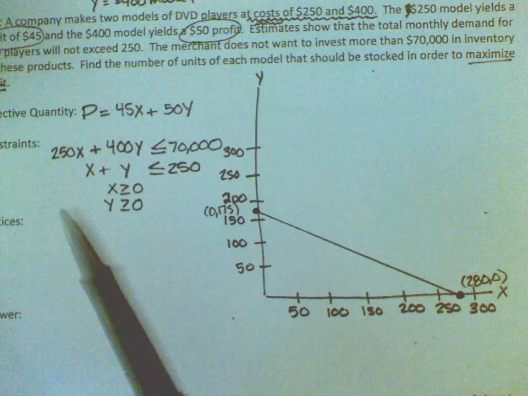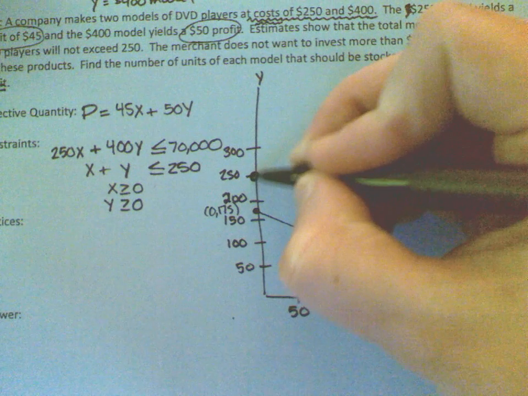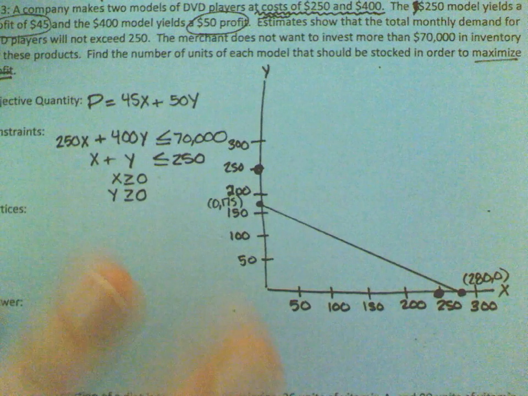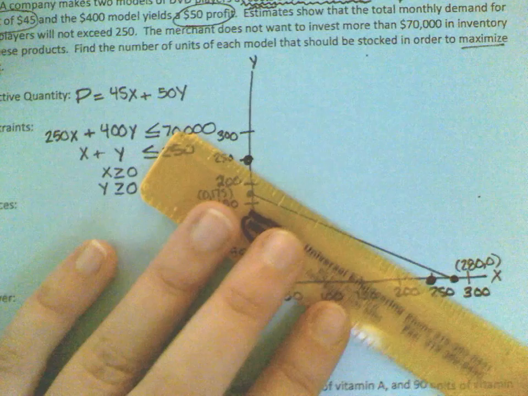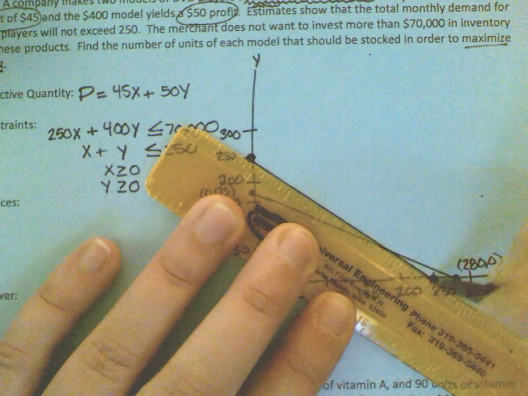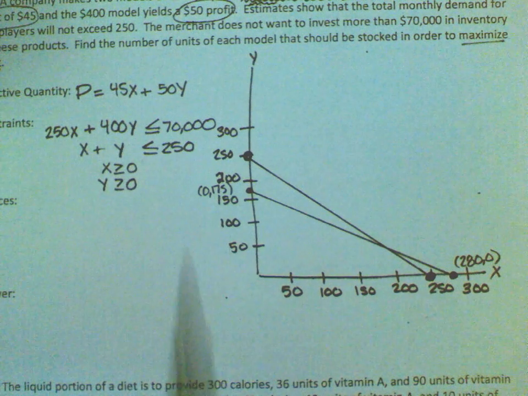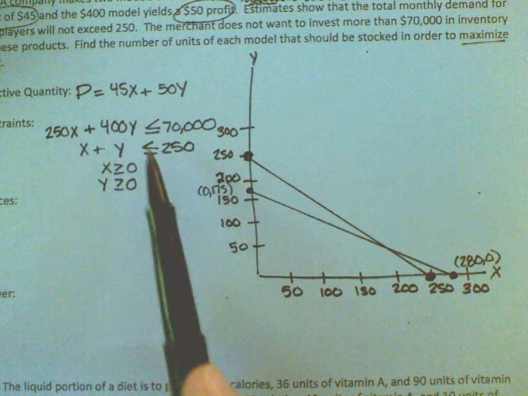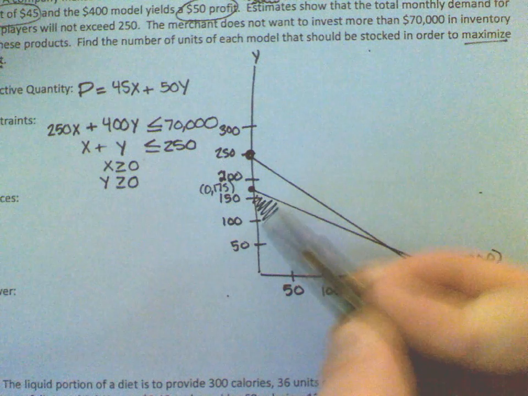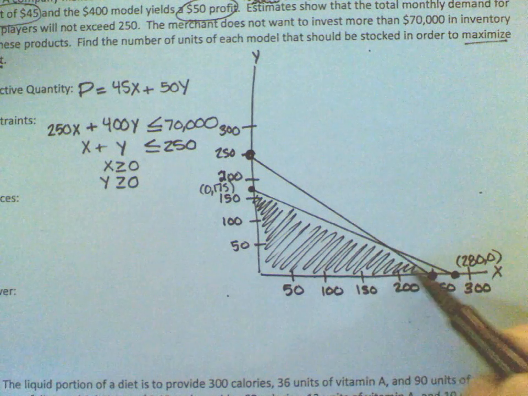The other line is going to have intercepts at 250 on the x and the y. And since those are on my nice points, I'm not going to label those intercepts. I'll be able to easily identify them if they happen to be vertices. And again, if I plug in 0, 0, 0 is less than 250, so I would shade below. And this is my feasible region right here.